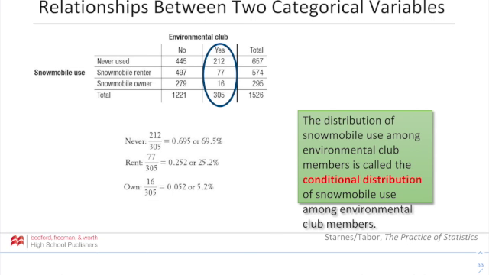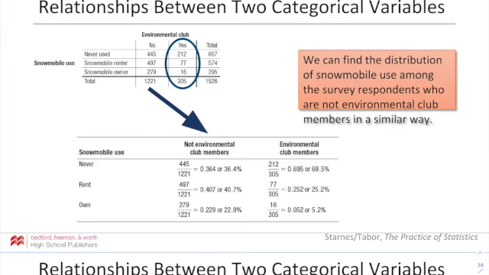You could go through and find out those that never used one, rent one, and own one, all for those that are club members. So this is the distribution of snowmobile use among the environmental club members. This is a conditional distribution.